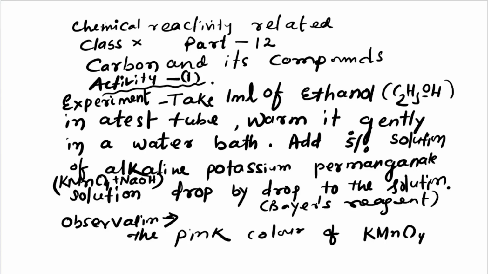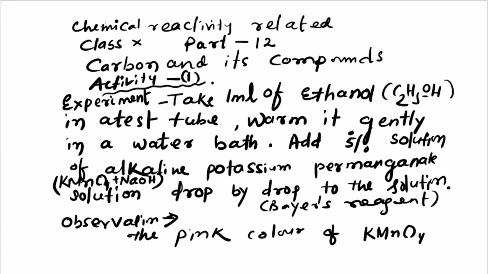That means you warm so gently that it is only possible in a water bath. So take a test tube, add ethanol, and put it in a hot water bath. Add 5% solution of alkaline potassium permanganate drop by drop. Actually, that is known as Bayer's reagent.